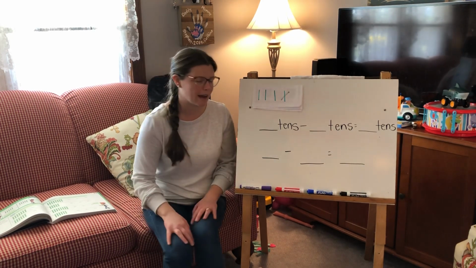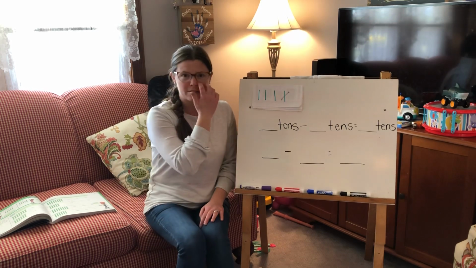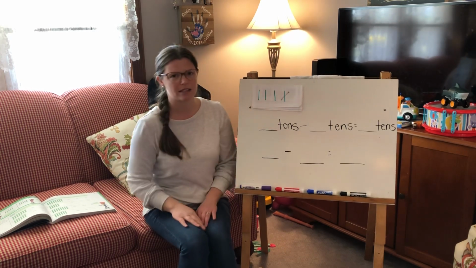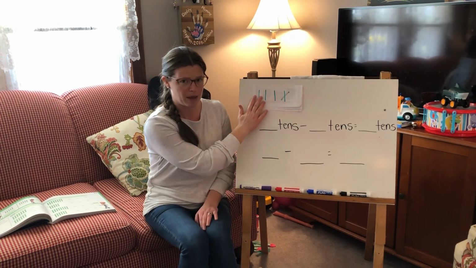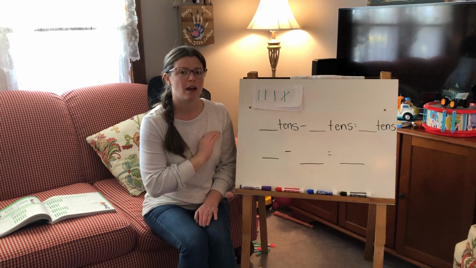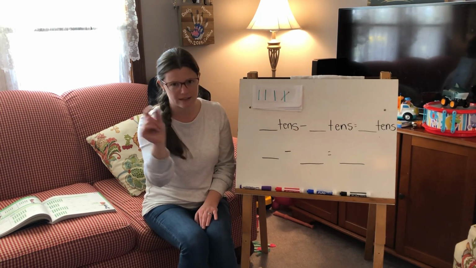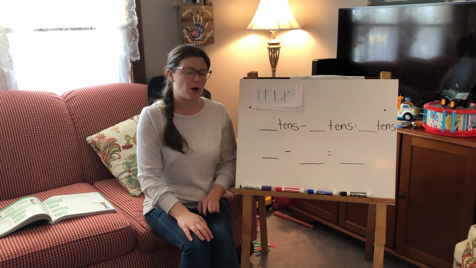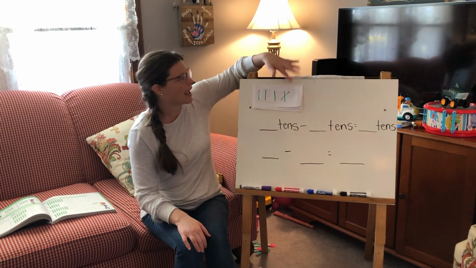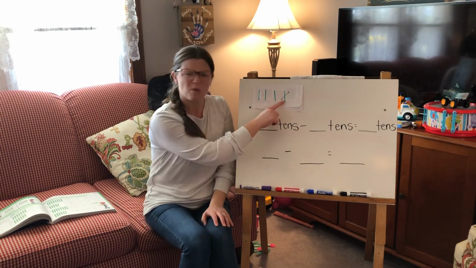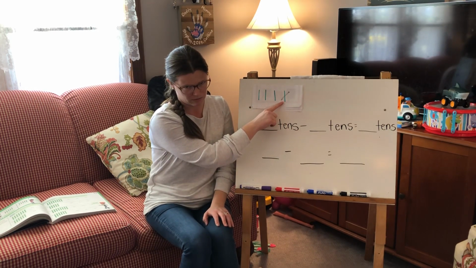So enjoy today. We've got some tens sticks. I realize they look like green lines on my paper, but if you look in your book, when you go to do your workbook pages, they show the actual tens sticks. Notice I have some tens up here, but one of them is crossed out.